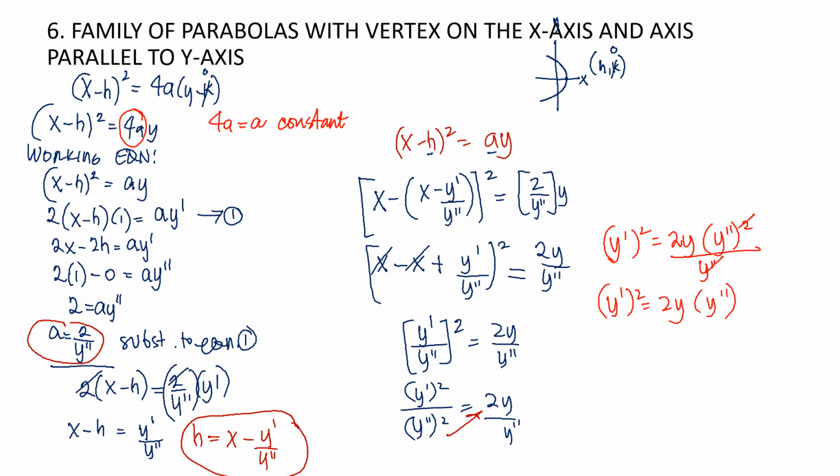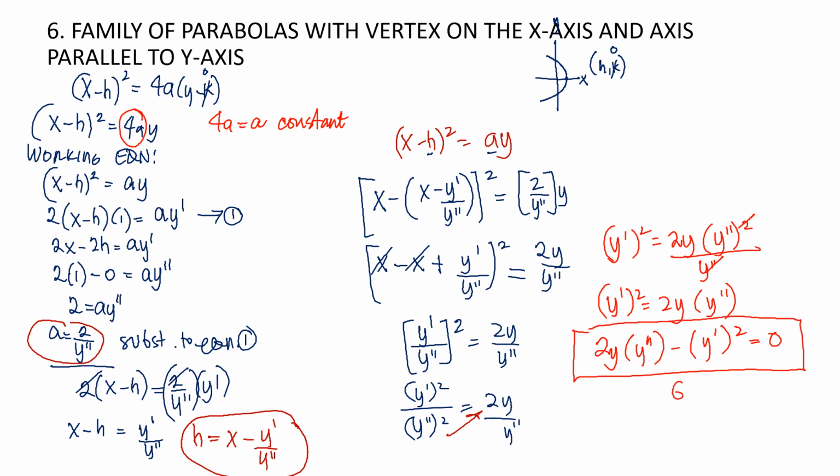Or simply, this is 2y double prime minus y prime squared is equals to 0. And this is our general equation answer. Okay? So that is for our problem number 6.